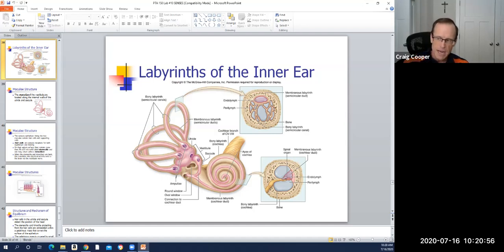But with the ear, you can have distinct problems with just the cochlea, the vestibule, the utricle, saccule, the canals. Those might all be working just fine, and you might have hearing problems. Or you might have balance problems, but be able to hear just fine. It's a shared common nerve, but it is distinct nerve branches that are carrying that information, so you can distinctly separate those things out.